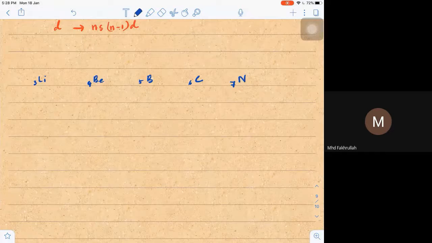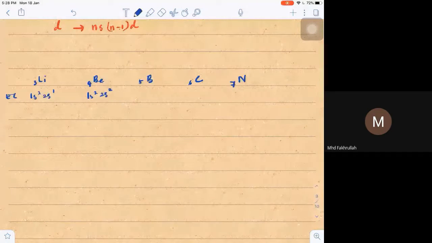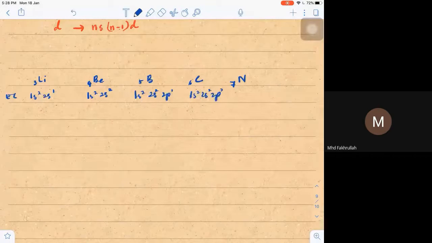Calculate the ZEF value. Before that, the configuration. The electronic configuration of lithium will be 1s2, 2s1. Beryllium 1s2, 2s2. Boron 1s2, 2s2, 2p1. Carbon 1s2, 2s2, 2p2. Nitrogen 1s2, 2s2, 2p3.